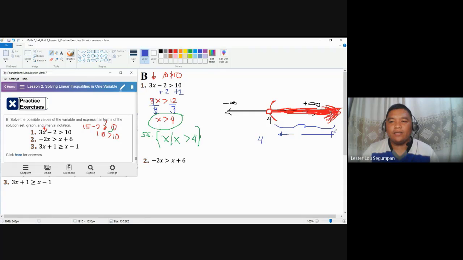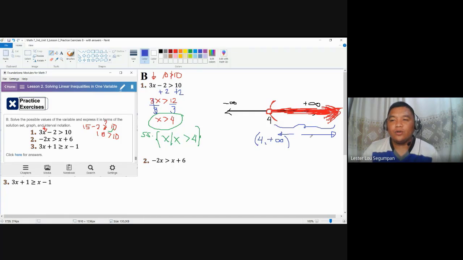The rightmost value is towards positive infinity. We use parentheses for 4, so it's open. And infinity is always open. So these are now the processes involved in item number 1 for this practice exercise B.